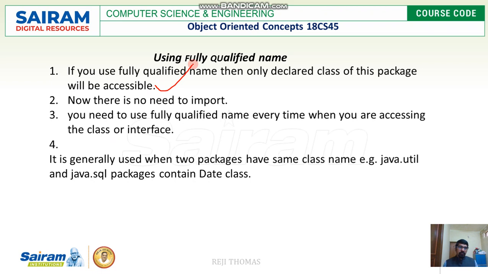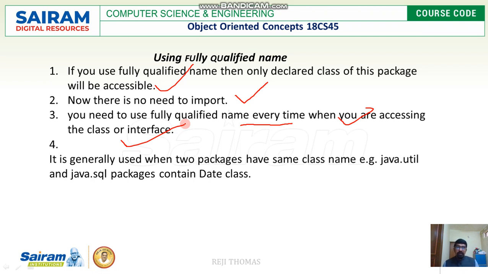When I use a fully qualified name, only the declared class of the given package will be accessible, and we need not import the package. You need to use the fully qualified name every time you access a class or interface. Whenever you make use of a class, every time you use it, you have to use the fully qualified name.